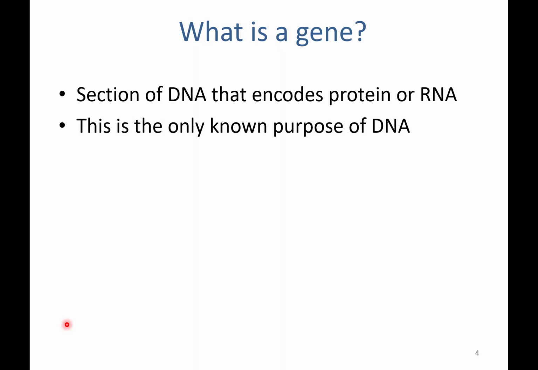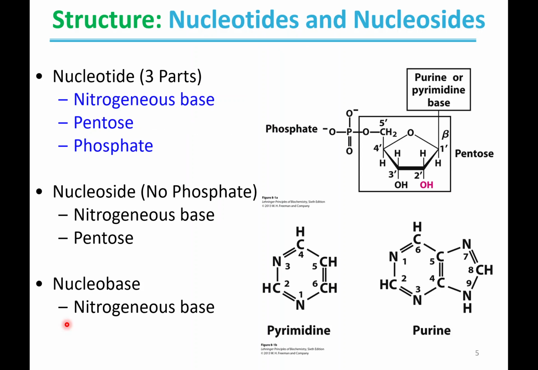So there is a significant amount of that DNA that doesn't seem to have much of a purpose, or maybe the purpose is kind of unknown right now. But really the only known purpose of DNA is to encode for protein sequence or RNA sequence.